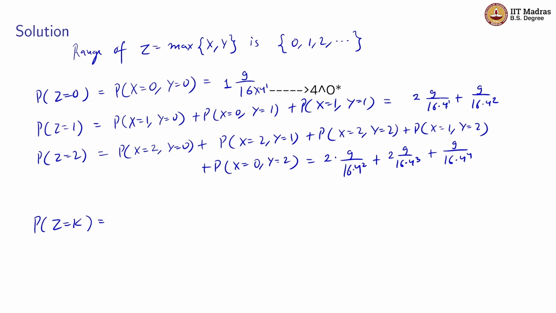Similarly, for probability z is equal to 2, we have 2 into 9 by 16 into 4 raised to the power 2 plus 2 into 9 by 16 into 4 raised to the power 3 plus 9 by 16 into 4 raised to the power 4.